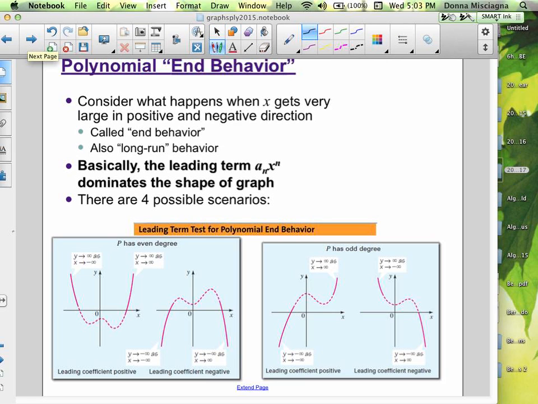All right, so y or f of x goes to infinity as x goes to negative infinity, and f of x goes to infinity as x goes to infinity. So regardless of what x is doing, y goes to infinity on both ends, and that's going to happen if our leading coefficient is positive and the degree is even.